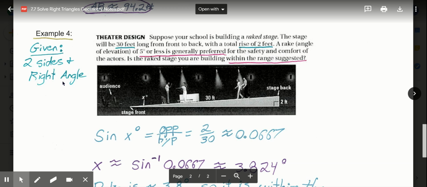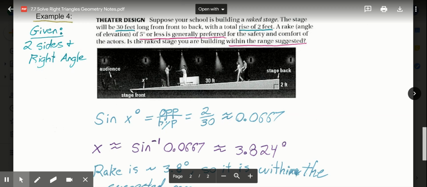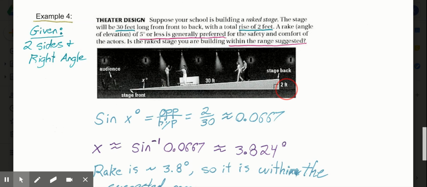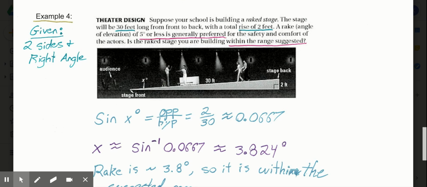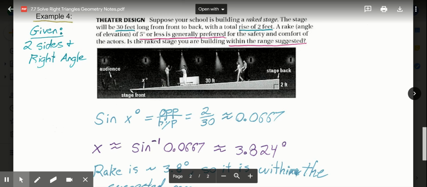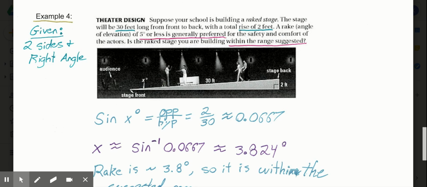So based on what I was given, the side opposite and the hypotenuse compared to angle x. So if I have an opposite and hypotenuse, I will be using the sine. So the sine of x is the opposite over hypotenuse, or 2 over 30, which is approximately 0.0667.